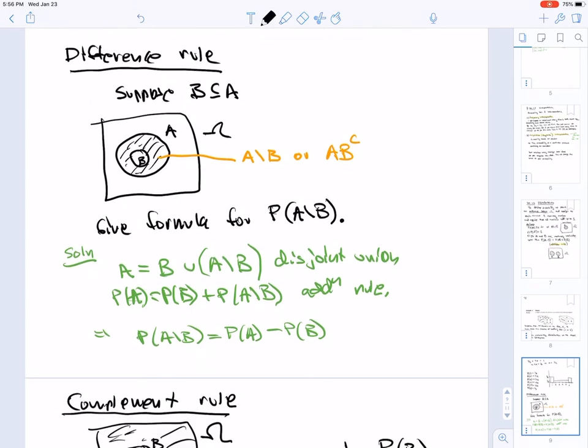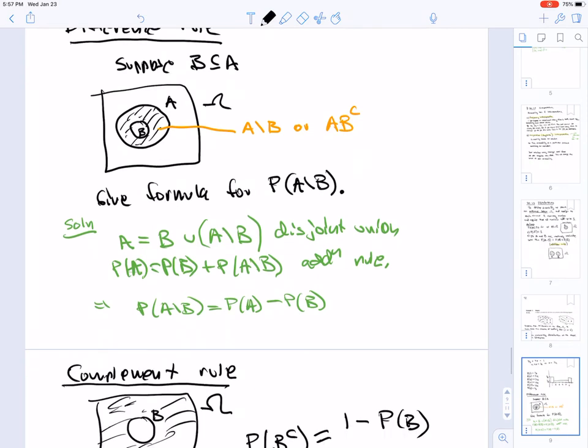The trick here is to write A as a disjoint union. We can write A as B union the difference of A and B. Then we can use our addition rule, and do algebra to write the probability of A minus B as the probability of A minus the probability of B. It's probably kind of obvious, but the point is that it's something that you can derive from the axioms.